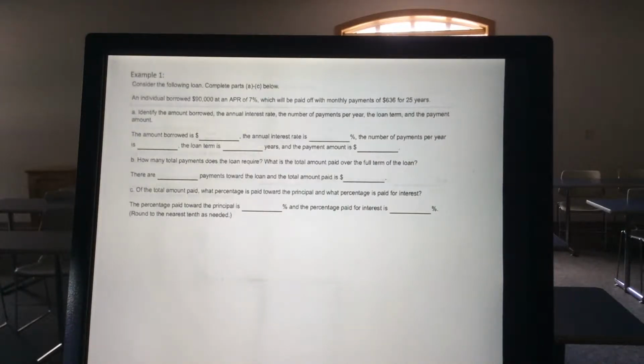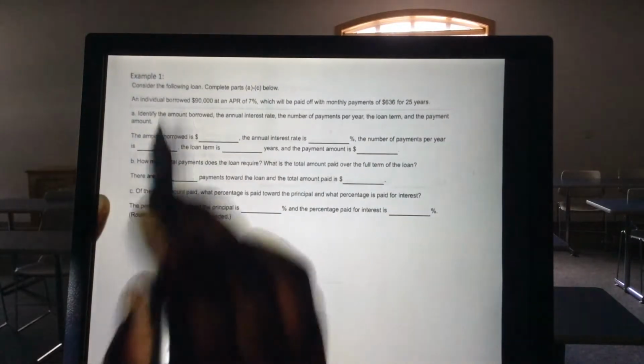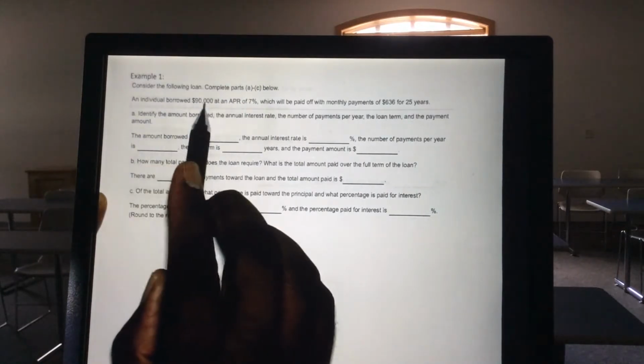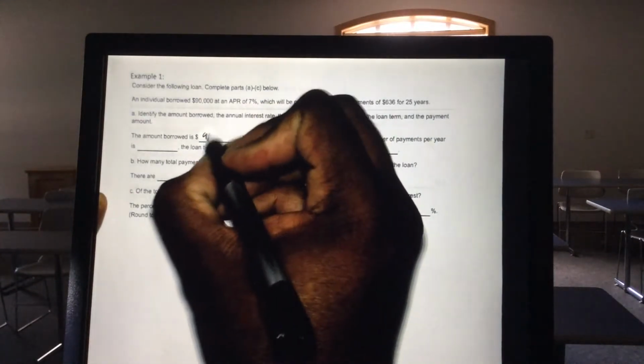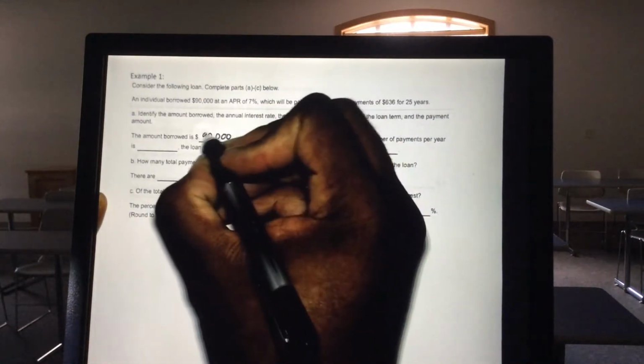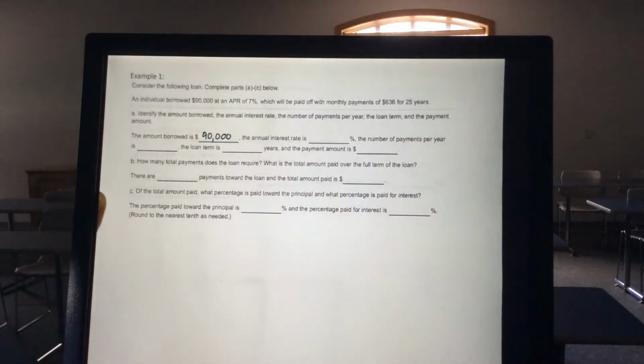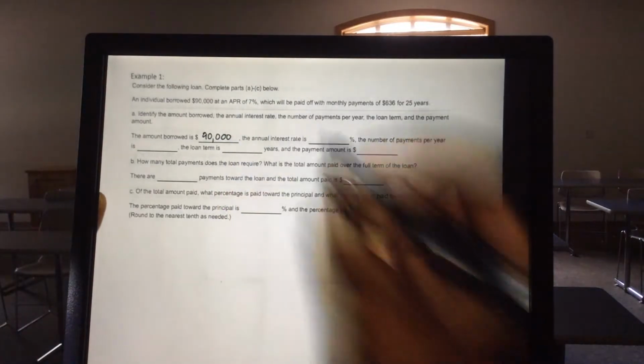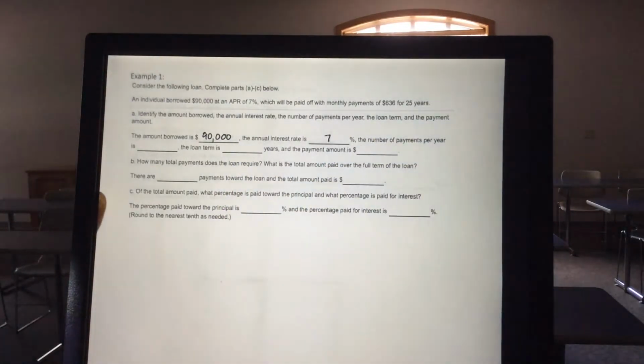In this case, the amount borrowed, the initial amount, is that an individual borrowed $90,000. That will be your amount borrowed. The annual interest rate is the APR, 7%, so just fill that in.